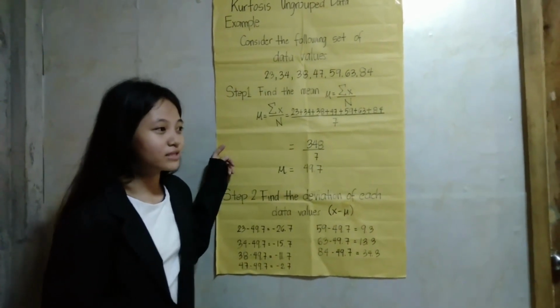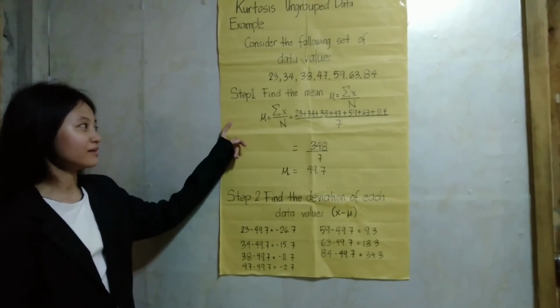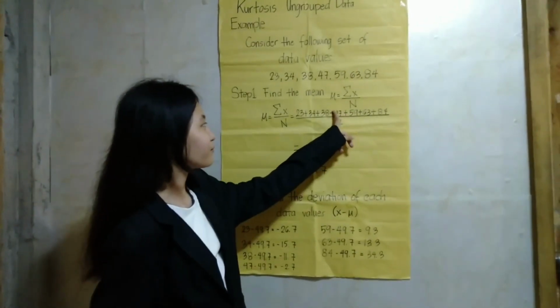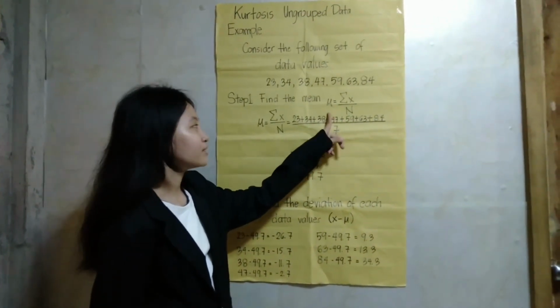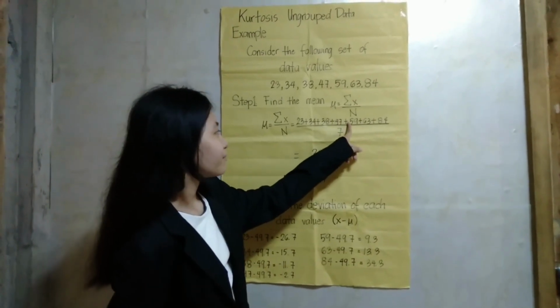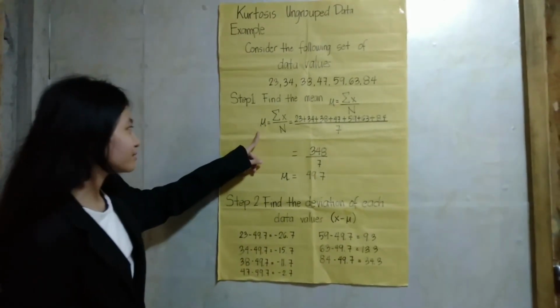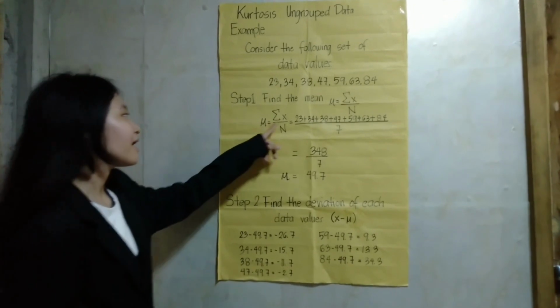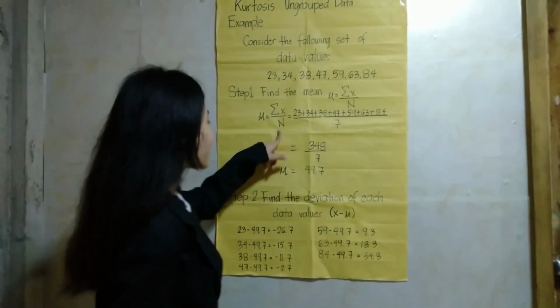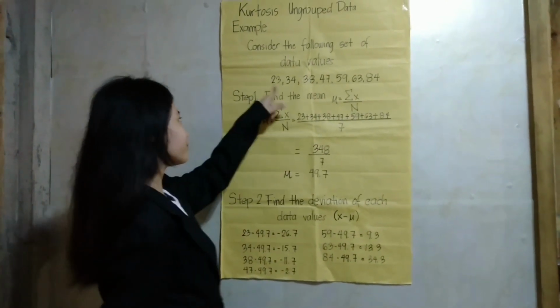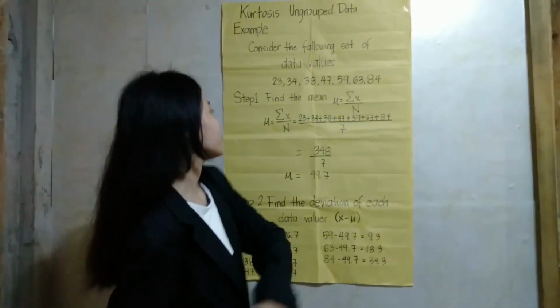To find the kurtosis, we have to first find the mean. So this is the formula for the mean. Mu equals summation of x divided by n. X are the variables and n is the number of variables: 1, 2, 3, 4, 5, 6, 7.